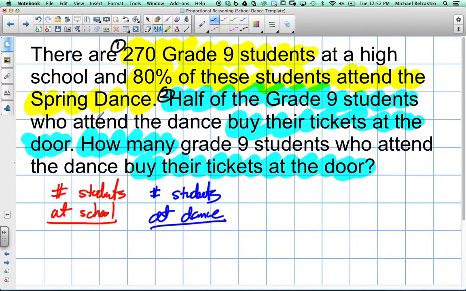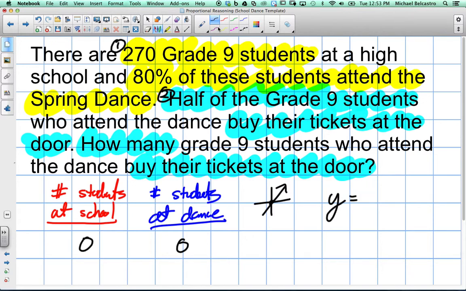For direct variation, if there are 0 students at the school, that would mean there would be 0 students at the dance, that means our graph is going to go through the origin. So it's a direct variation type question.